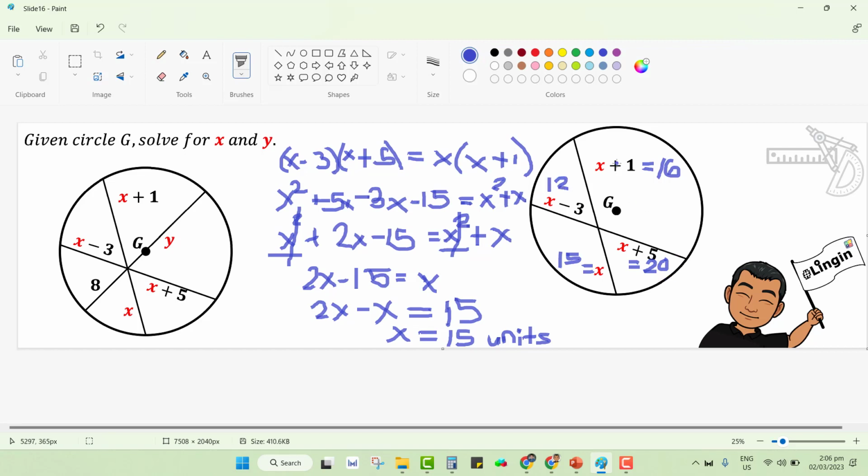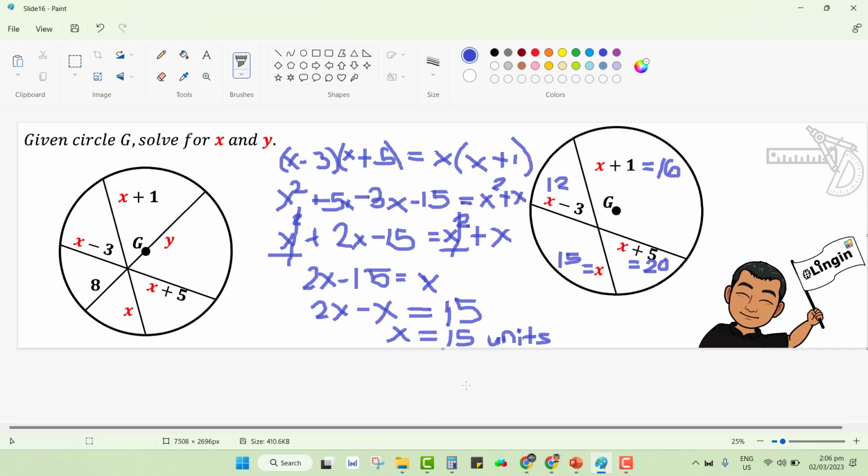So pardon if the figure is not accurate in its illustration, but I'm just showing you this to prove that the product of the measurements of the segments of one chord is equal to the product of the other. Because if we multiply 12 times 20 here, that's 240. If you have 15 times 16, you will also get 240, because that becomes 30 times 8, 240. This is the correct value for x.